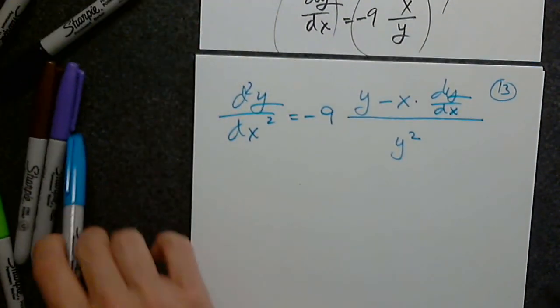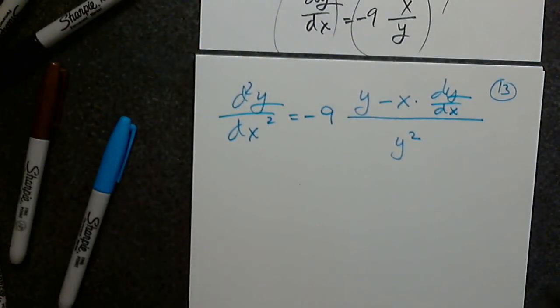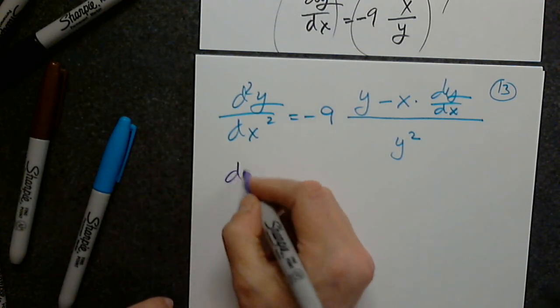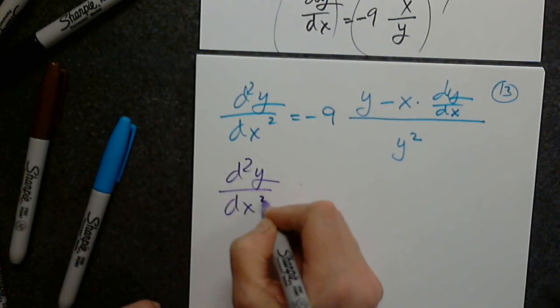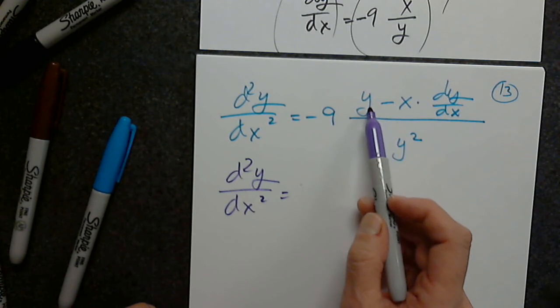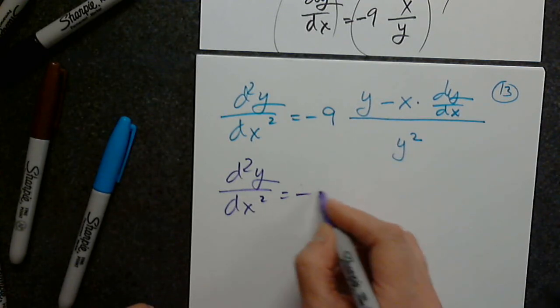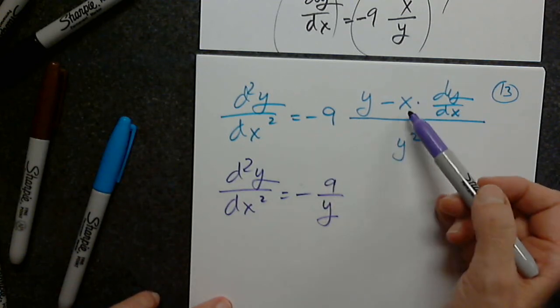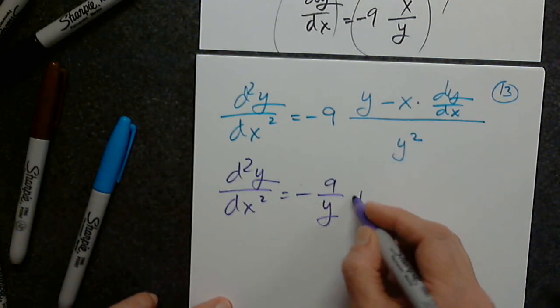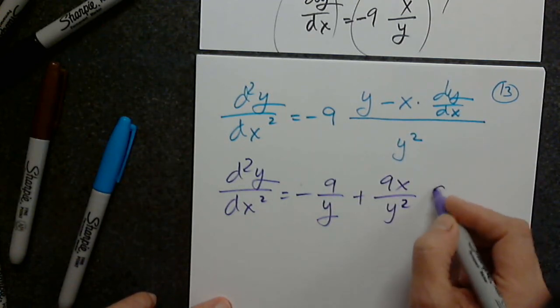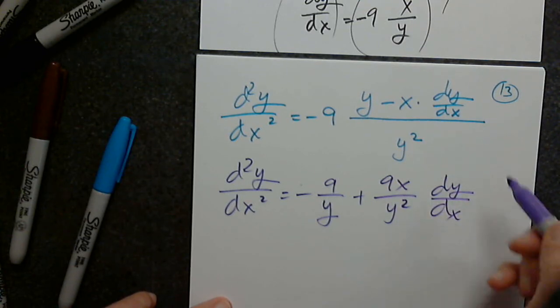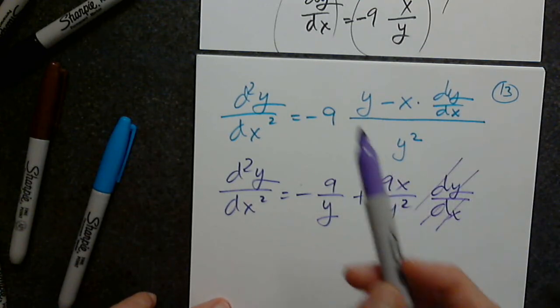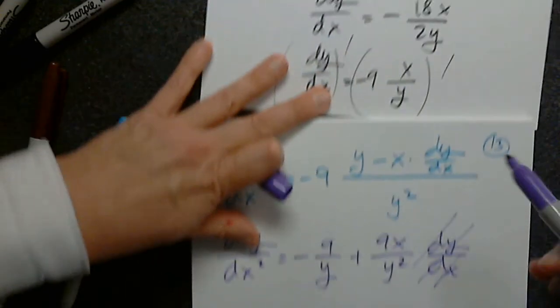I will separate the fraction right now. d2y over dx2 is negative 9y over y squared, negative 9 times negative x over y squared. And now I have to replace this by that.